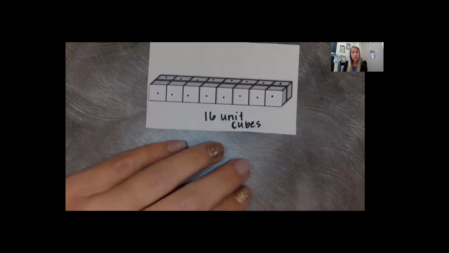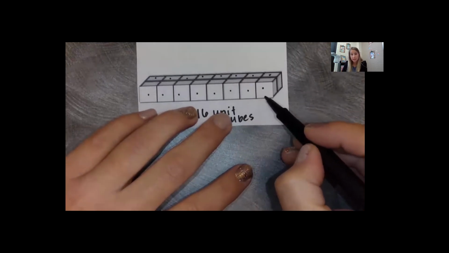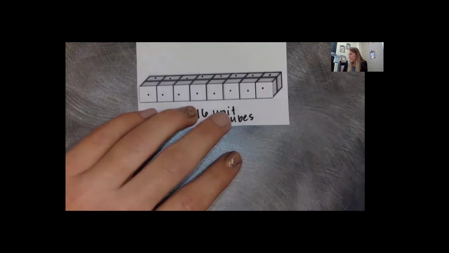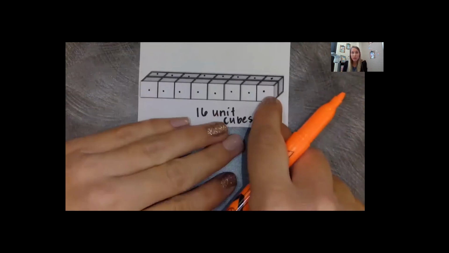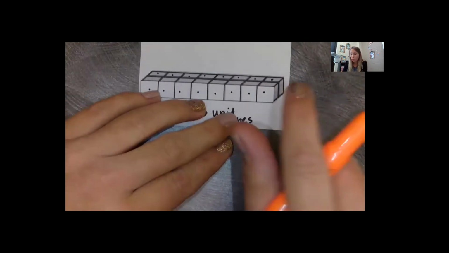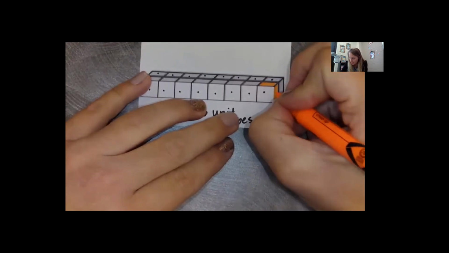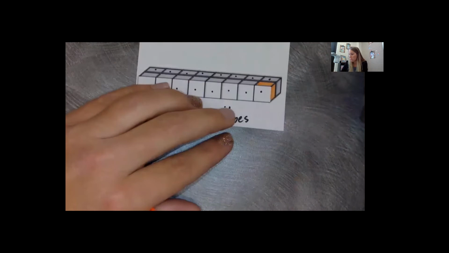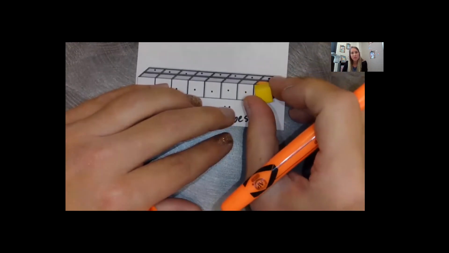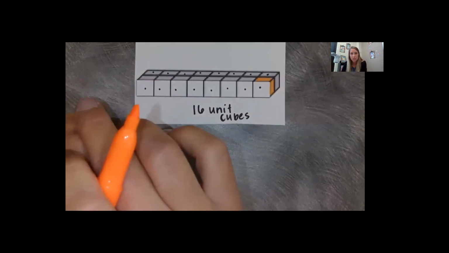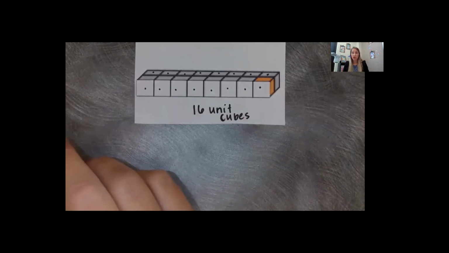Now, what you want to be cautious of is that sometimes we count the faces, not the cubes. Keep in mind that when I put a dot on this cube, if I count this or this again, that's the same cube. Remember, if I were to stack that in there, would I be able to see those faces? I would, but I'm not counting the faces. I'm counting the number of unit cubes.